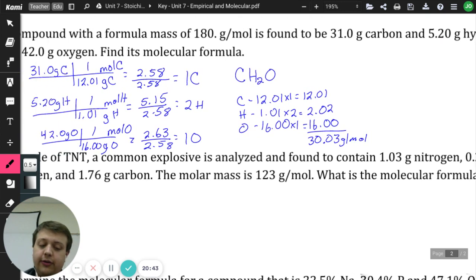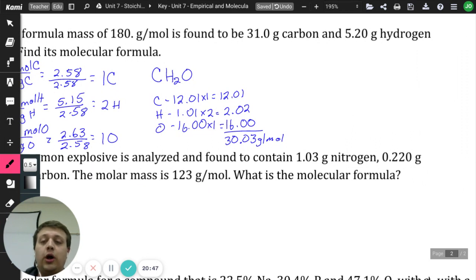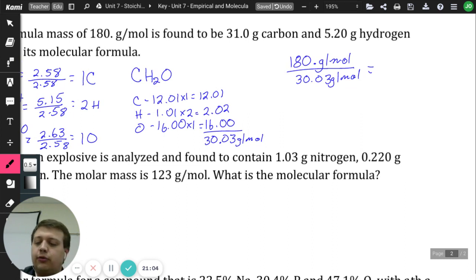Well, they told us that the molecular formula mass is 180 grams per mole. So I'm going to take 180 grams per mole and divide that by the mass of my empirical formula, which was 30.03 grams per mole. And what I'm going to find is I get a multiplier of 6.